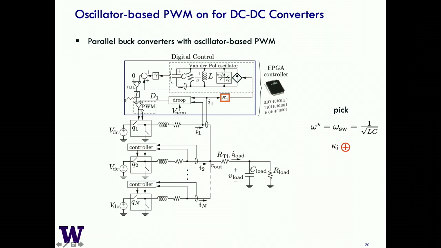So you do want to know what your switching frequency is and tune that to coincide. But everything in this blue box is, actually, hold on. The oscillation that is produced by this oscillator is one and the same with the switching frequency. So if you tune this to be resonant, it should automatically give you a switching frequency at that particular frequency. So I think in this case, we're actually protected from that problem.